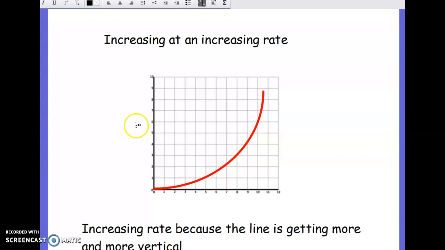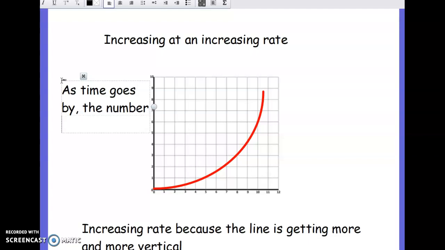How about this one here? We could say, as time goes by, the number of, can you think of something that would be increasing at an increasing rate? How about something like a cold?